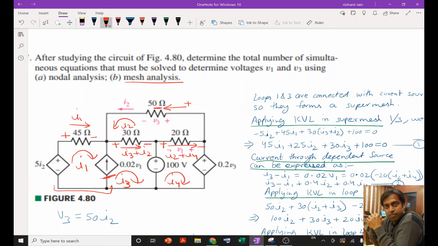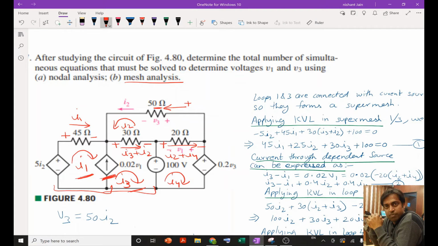In that case, we need to create a super mesh by combining the two meshes that involve the current source. So over here, loop 1 and loop 3 will be combined to form a super mesh.